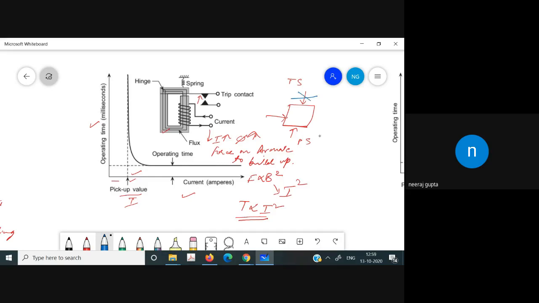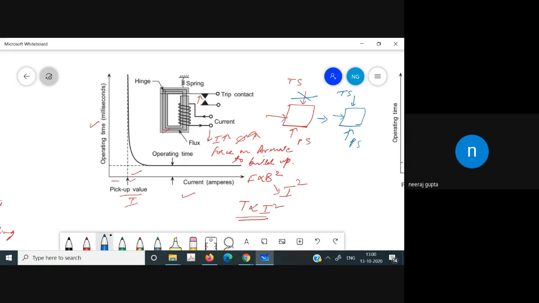However, in the other type of relay, the definite time overcurrent relay, the time setting is provided. So we have here the time setting, then the relay current, and this is the plug setting.